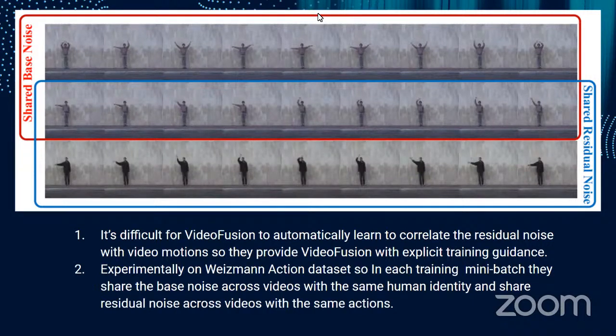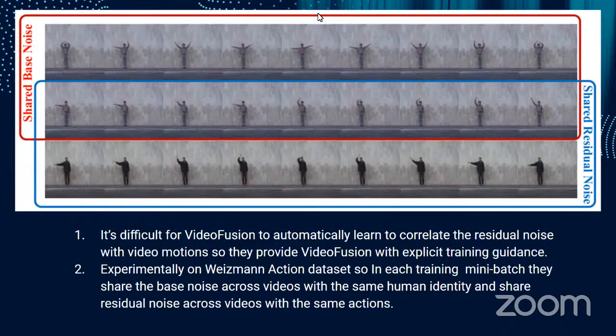But they found that it's not easy for VideoFusion to automatically learn the correlated residual noise with this type of video motion. So they have to provide VideoFusion with explicit training guidance, and they do it this way. In each training mini batch, they share the base noise across videos with the same human identity, and share the residual noise across videos with the same actions.